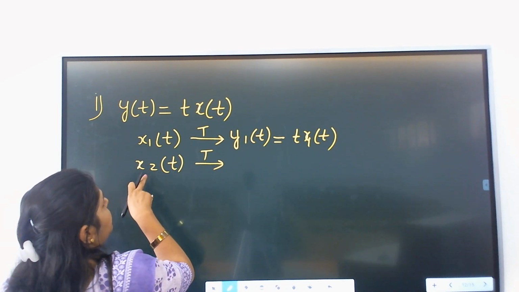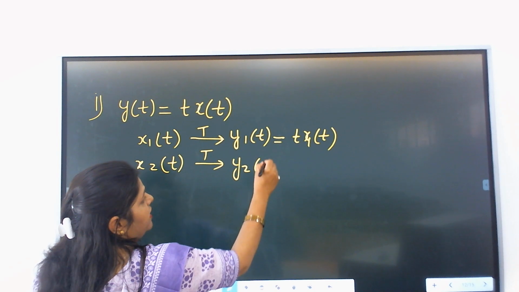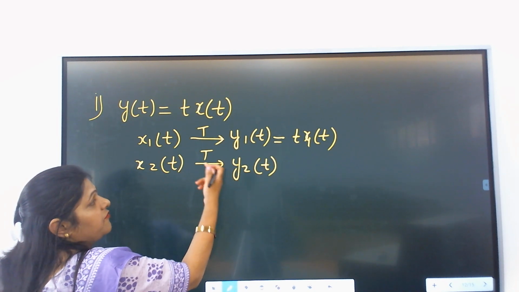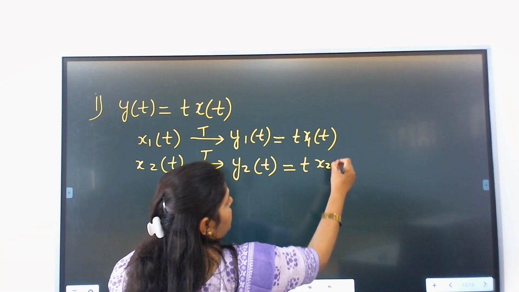Same, for the value of x2(t), after coming from the system, y2(t) equals t x2(t).